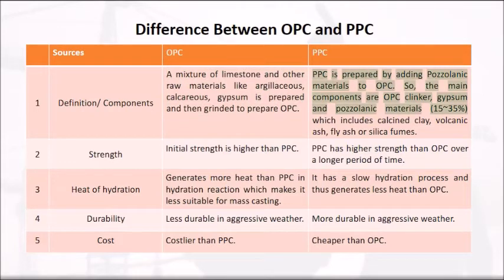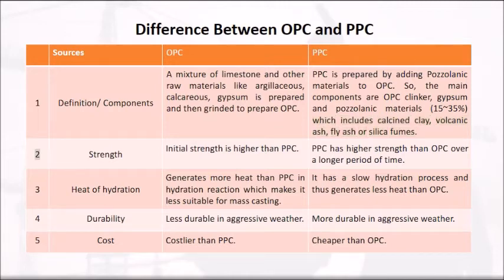PPC is prepared by adding pozzolanic materials to OPC. So the main components are OPC clinker, gypsum, and 15-35% pozzolanic materials, which include calcined clay, volcanic ash, fly ash, or silica fumes.